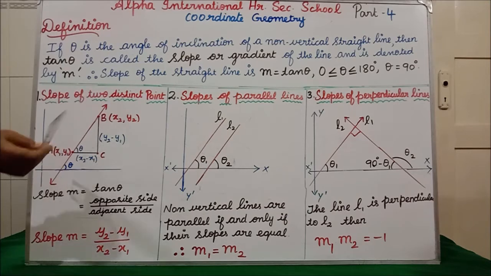Now this is the angle of inclination and we are representing it by theta, that we have seen in the before definition, isn't it? What definition? Inclination of a line definition we have seen. So if theta is the angle of inclination of a non-vertical straight line, then tan theta is called the slope.